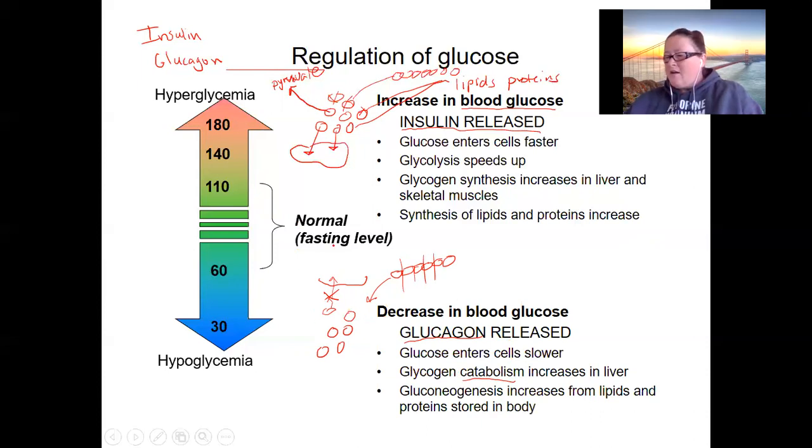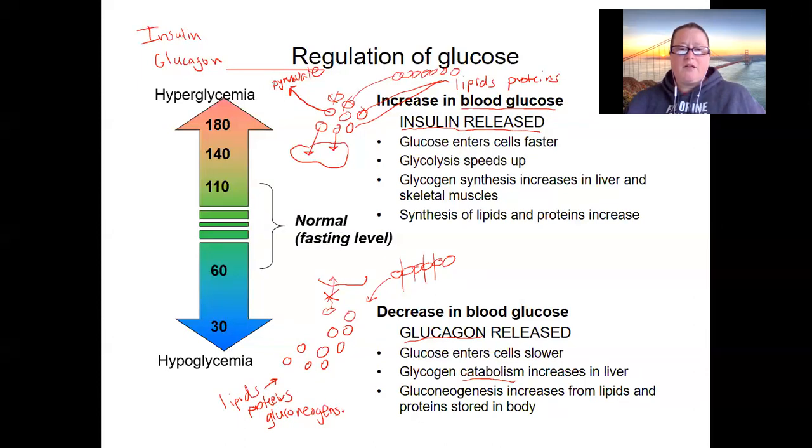And we can also get some gluconeogenesis coming from lipids and proteins stored in the body, which are also introducing some more glucose into our bloodstream. Gluconeogenesis, which is the production of glucose from non-carbohydrate sources.